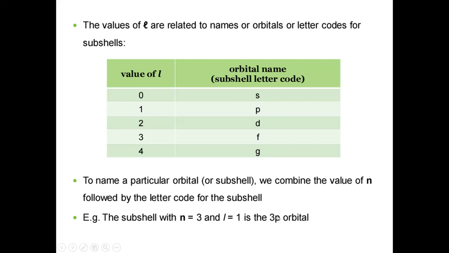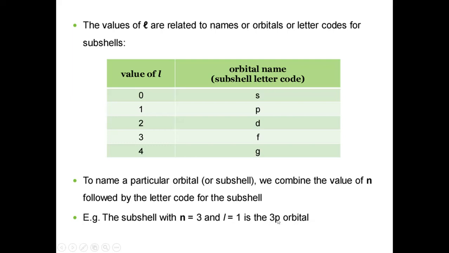P ni merujuk kepada subshell, which represents L. So here is 1 kan? 1, so you need to put P. Kamu tak boleh put 3, 1. So nampak macam nombor 3, 1. So 1 ni mewakili orbital name P. So sebab tu nama dia sini 3p orbital.